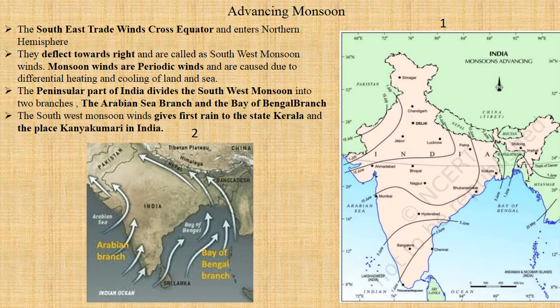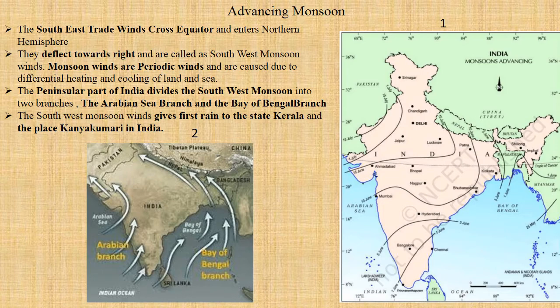Now, why does this monsoon come from the southern part? The reason is the southwest monsoon winds originate in the southern part, and so the monsoon will begin from the south and proceed ahead to the northern part of our country. It will always move from high pressure to low pressure.